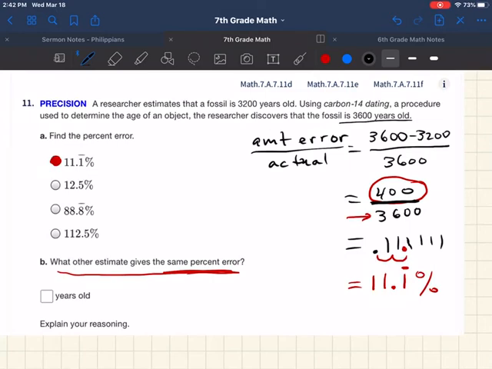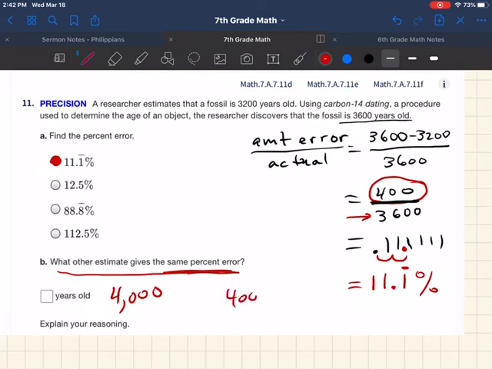However, instead of underestimating with this 3,200, we're going to overestimate. So what amount over 3,600 would give me 400? And the answer is, drum roll, 4,000.